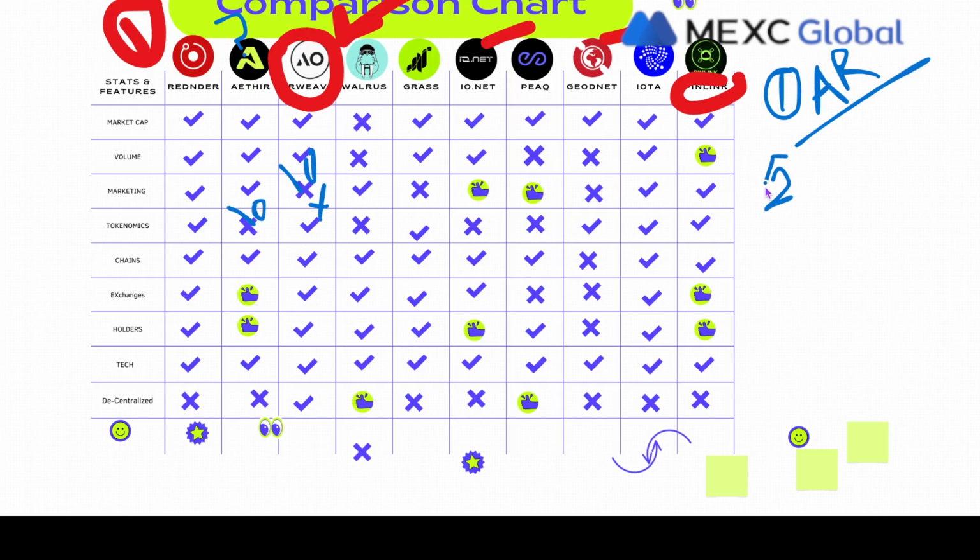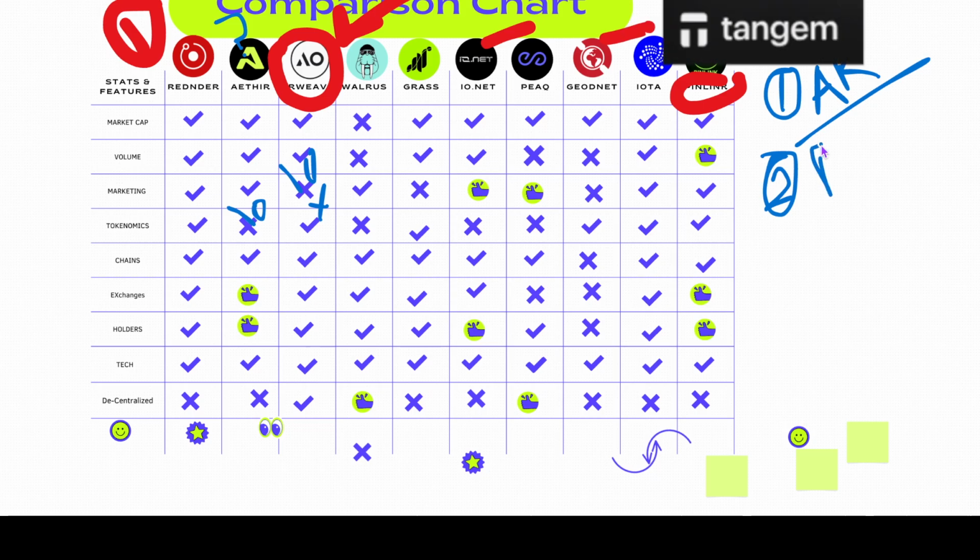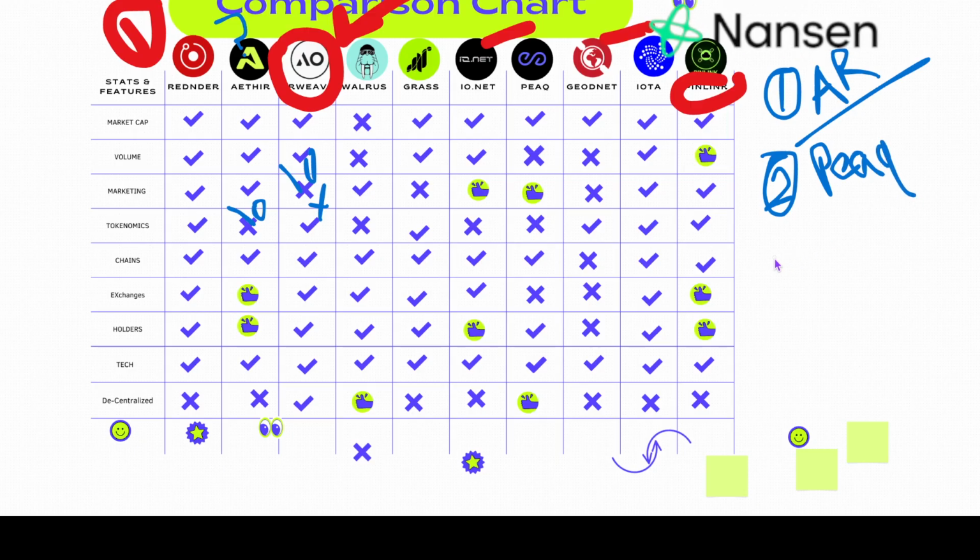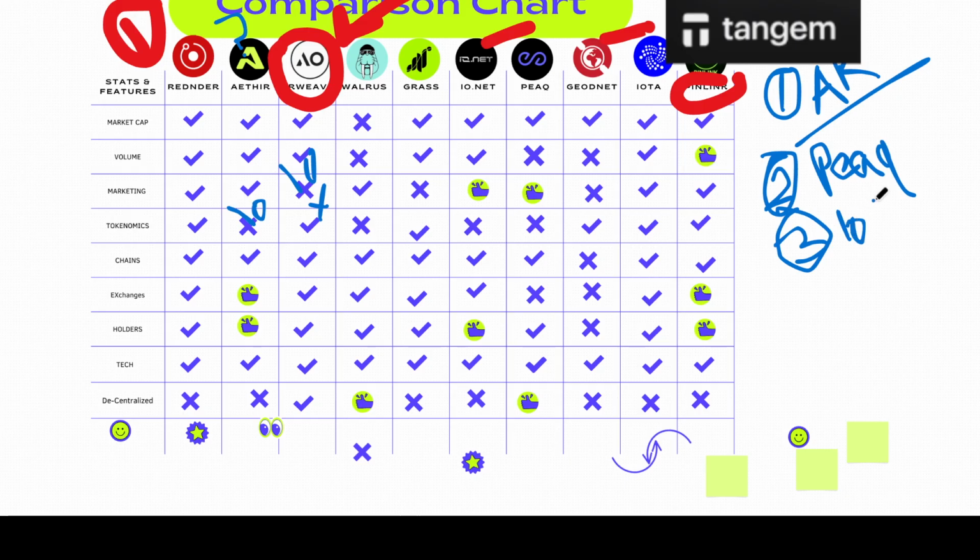Then what I personally hold right now is a bit of Peaq. I do hold Peaq. And number 3, I'm thinking about introducing maybe IOTA to my portfolio at some point, because it's a bigger cap, but it does offer me the ISO narrative.